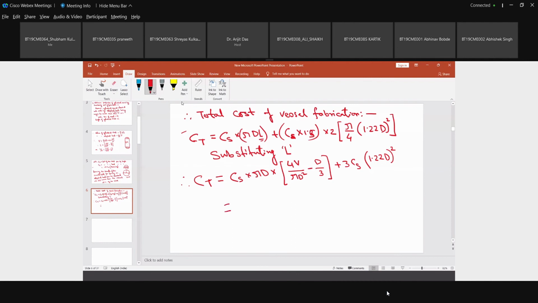So what is the value of CT? You do the simplification.